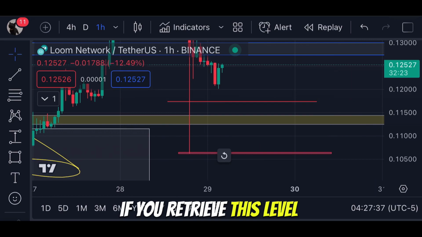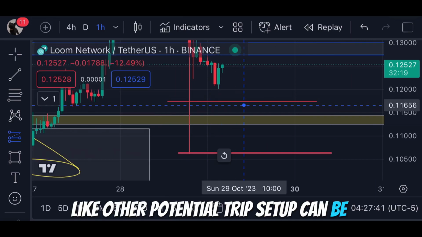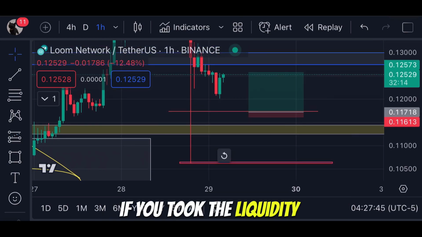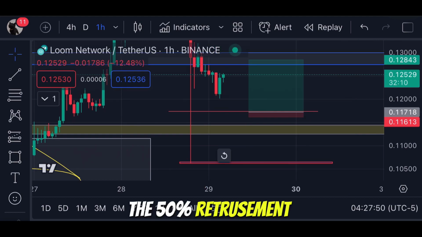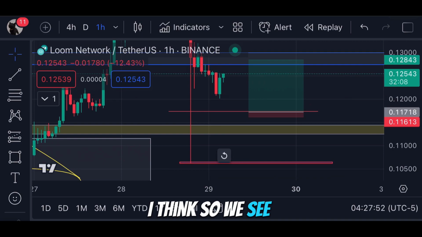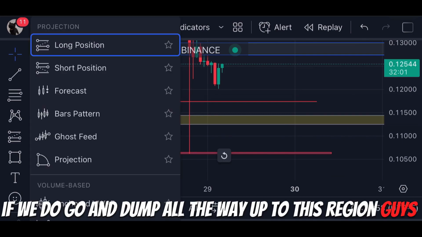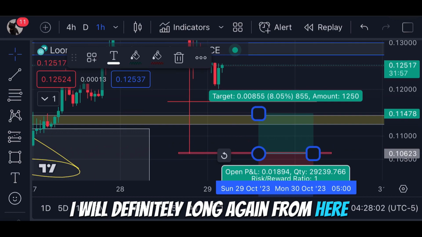So if we retrace to this level and see some buying pressure, the other potential trade setup can be scalping above this. If we took the liquidity and have a body closing above the 50% retracement, I think we have buying pressure. We can definitely get some 10% trade on this. If we do dump all the way down to this region, guys, I will definitely long again from here.